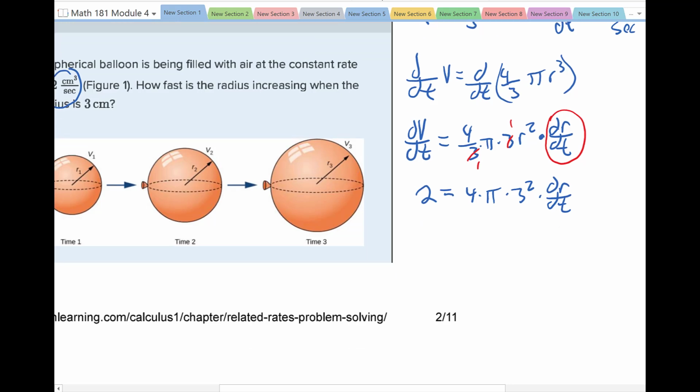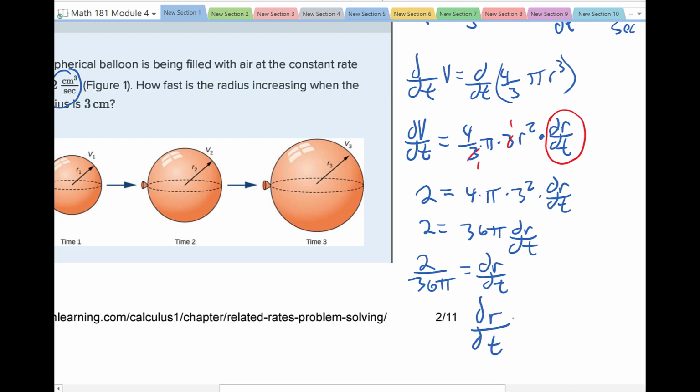So we have 2 equals 4 times 9, so 36 pi dr/dt. So it's going to be 2 over 36 pi equals dr/dt, the change of radius with respect to time. And that would reduce to dr/dt equals 1 over 18 pi. And this is in centimeters, so centimeters per second. And that's it.